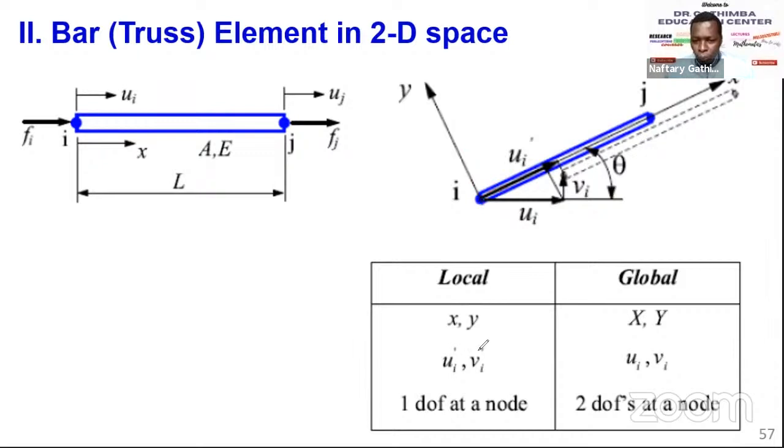So that's why we are using this small prime. And then when you come to the global coordinate system, you just remove those primes, those apostrophes, the single quotation mark. So what you should now realize is that whatever you formulated in the previous lecture number 3, when we come to the global coordinate system, you just introduce those equations with this mark here.